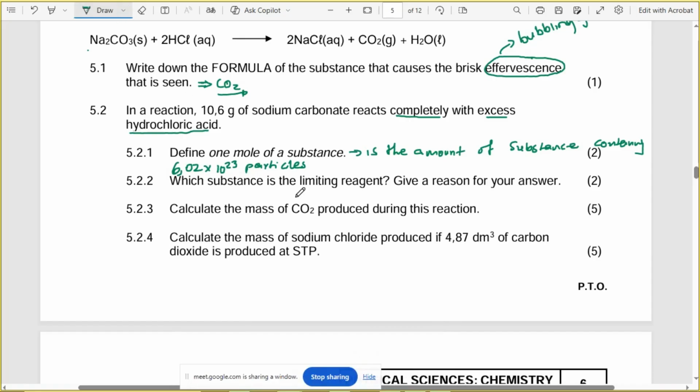So now, which substance is the limiting reagent? Do you know what a limiting reagent is?